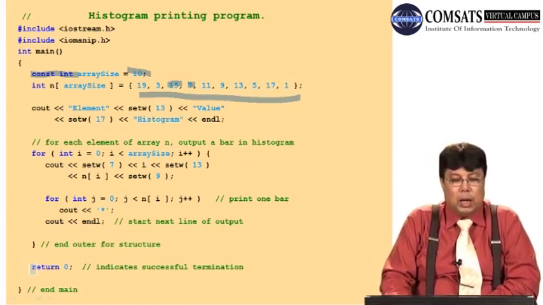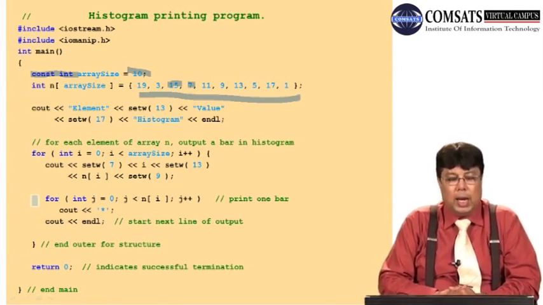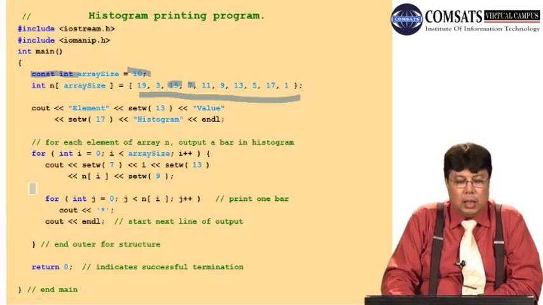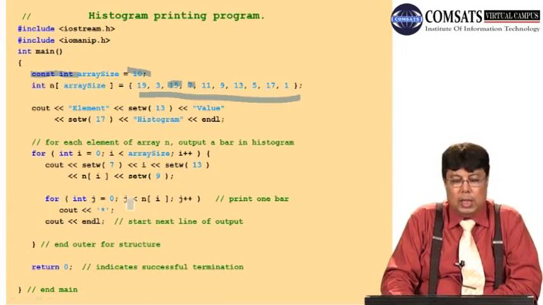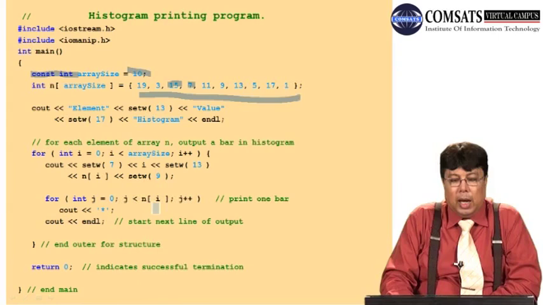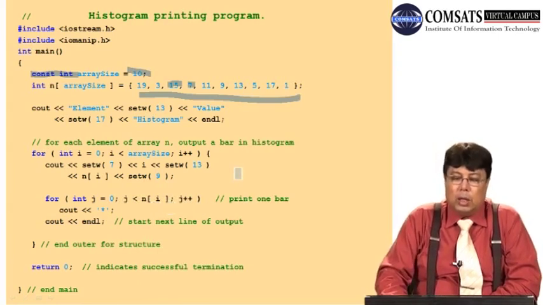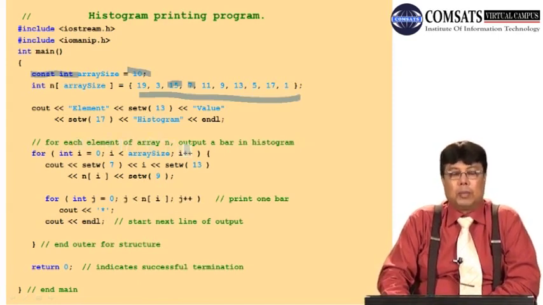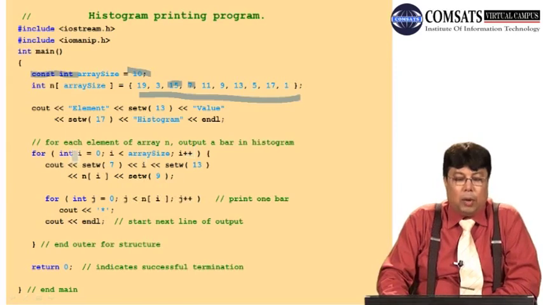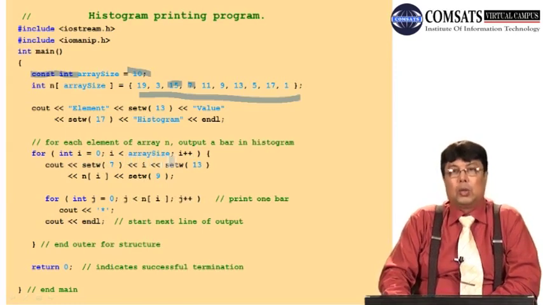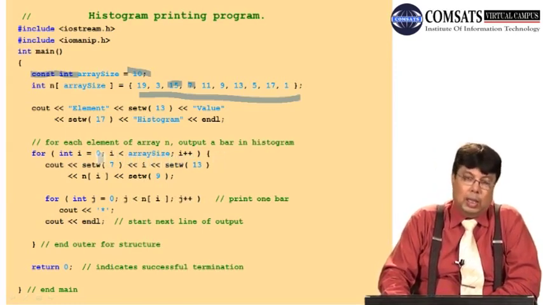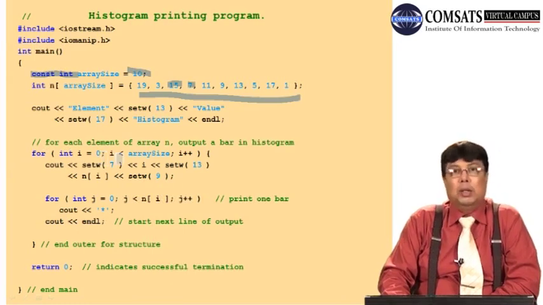We have used this particular for loop here. The outer for loop runs from i equal to 0, i less than array size, picking up one element at a time: element 0, then element 1, element 2, element 3.